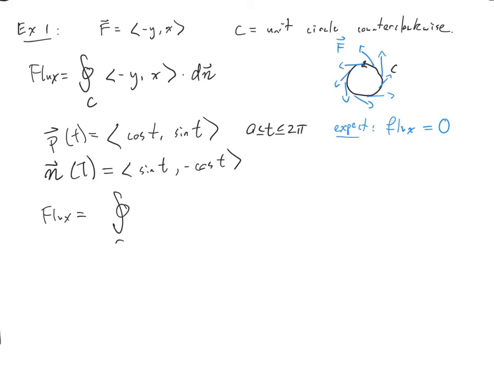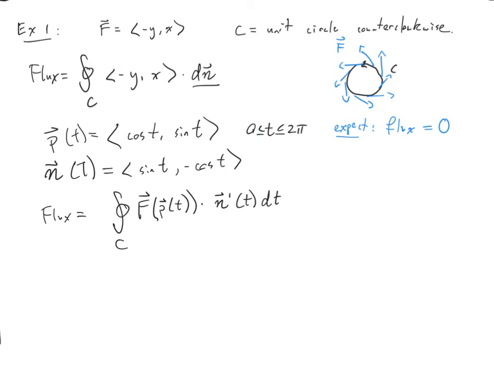So I'm doing the integral of minus y, which is sine of t. Maybe I should write this out. Yeah, this is F of p of t dot, and then for dn, I need n prime of t dt.